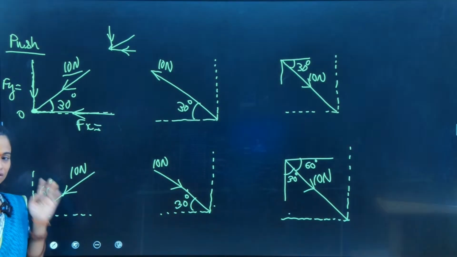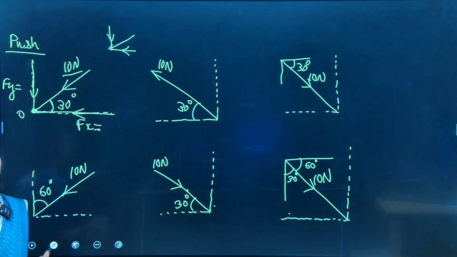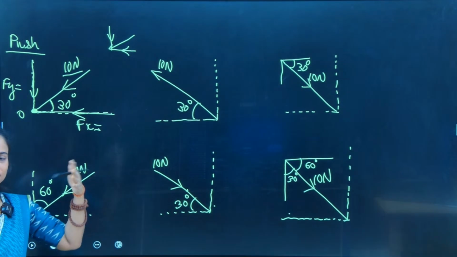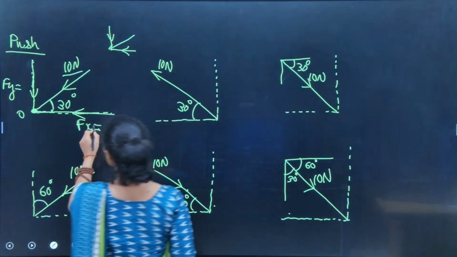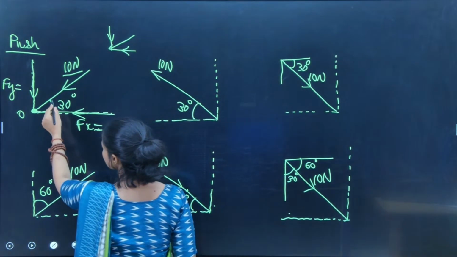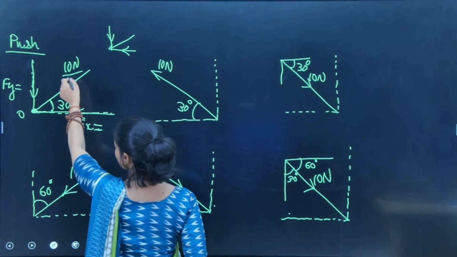And you have to take care of the sign, right? If rightward and upward, then positive. If leftward and downward, negative. Here, Fx would be what? This is theta, this is the force.